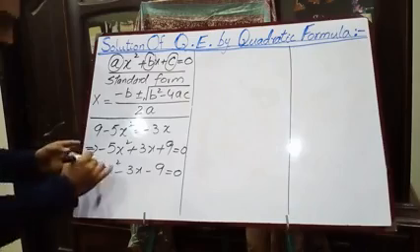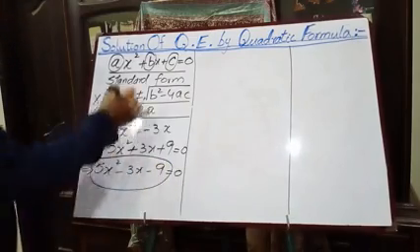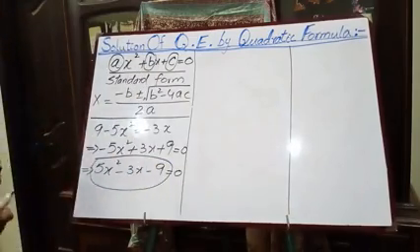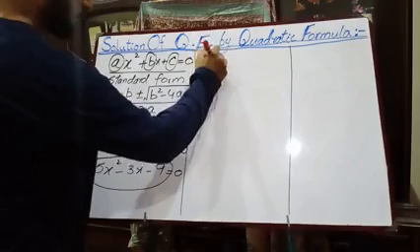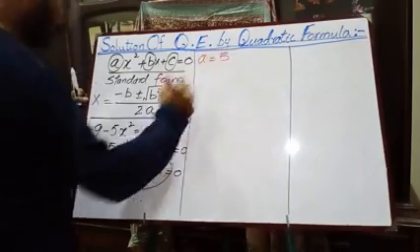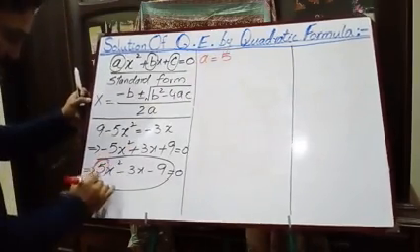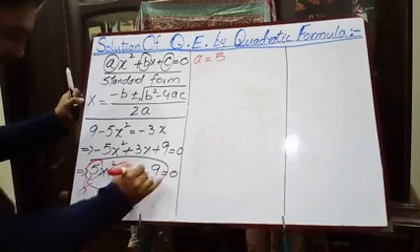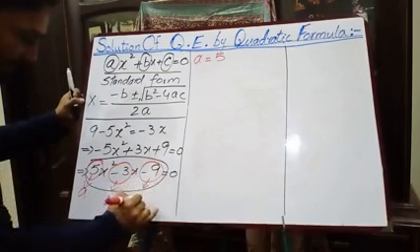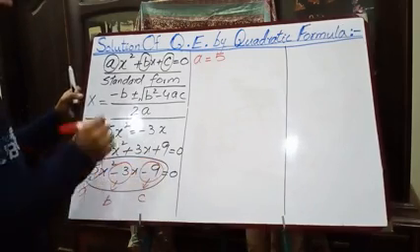Now compare this equation with the standard form. So a will be equal to 5, this minus 3 will be taken as b, and this minus 9 will be taken as c.